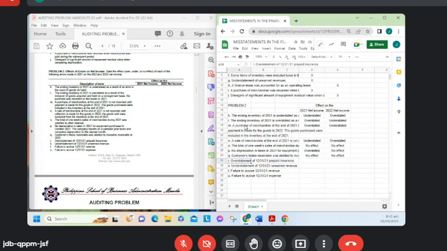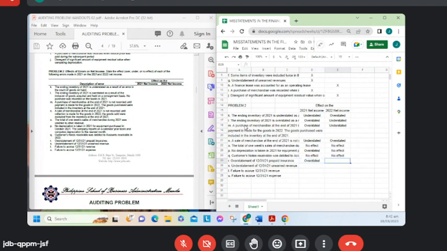Okay. Letter R, overstatement of the December 31, 2021 prepaid insurance. What does it mean? There is no expense recorded since the prepaid insurance is overstated. As a result, expenses are understated, resulting in overstated net income.